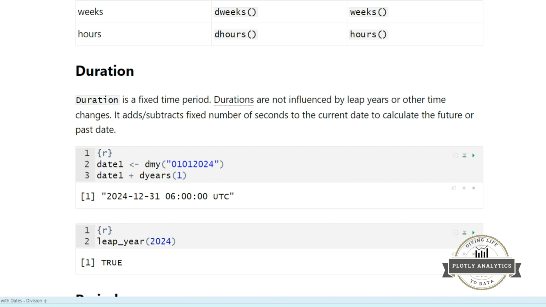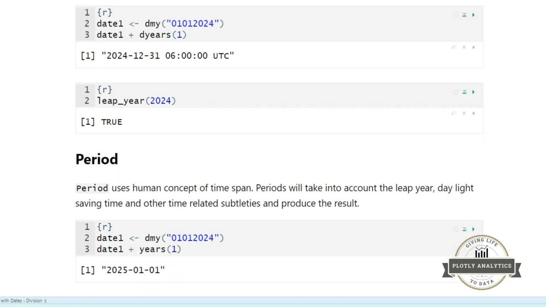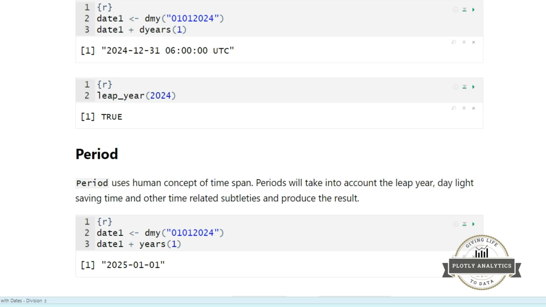Now let's understand the period. The period uses human concept of time span. Periods will take into account the leap year, the daylight saving time, and other time related subtleties and produce the result. Periods are used in calculating the differences in calendar days. So let's use the same example. Now I am going to add years to the current date 1 object.